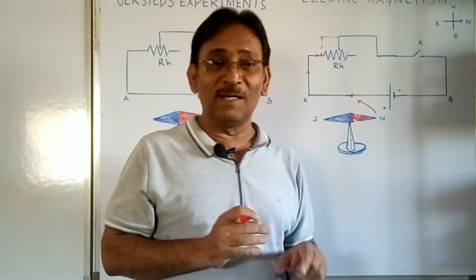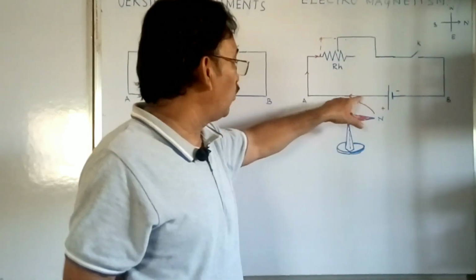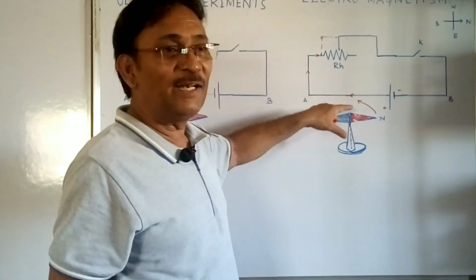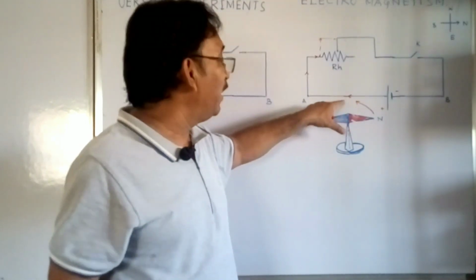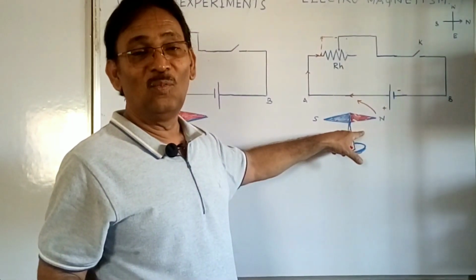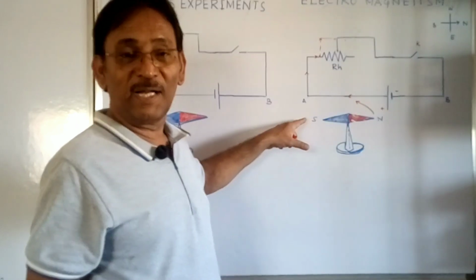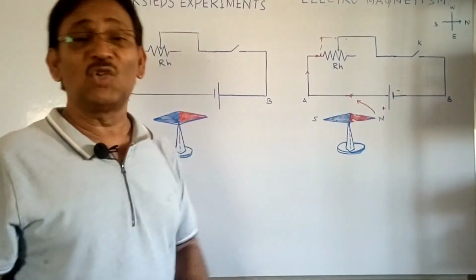That means around a magnet, a magnetic field is set up. In the same way, when current is flowing through this conductor, a magnetic field is formed around this coil and it makes the magnetic needle move. With that, he came to the conclusion that when current flows through a conductor, a magnetic field will be set up. And he didn't stop there.